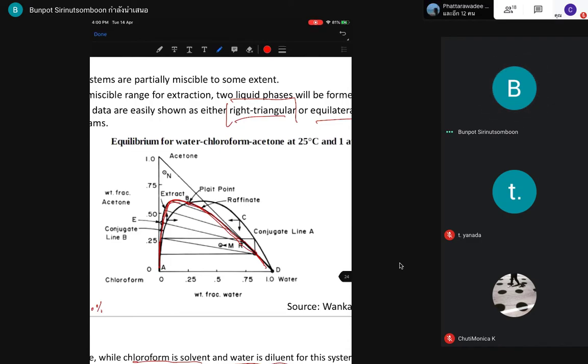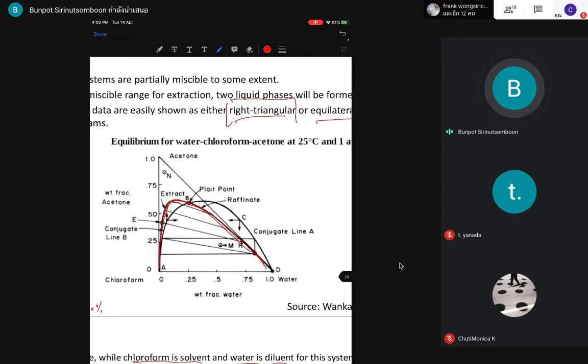This line separates the triangular diagram into two zones. There are two zones here.